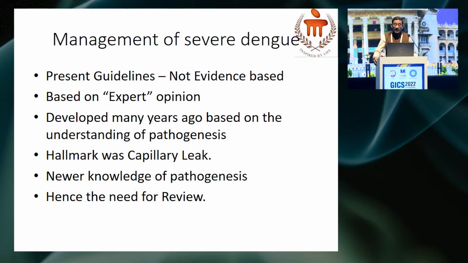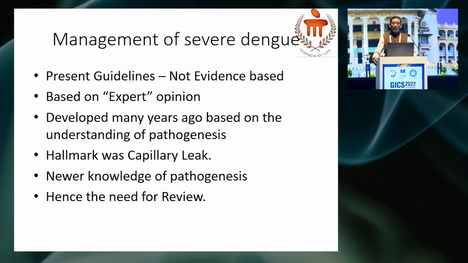Later, and rightly, the focus shifted to the capillary leak that was a major component of the pathophysiology, and most of the guidelines emphasize appropriate fluid resuscitation for patients with dengue. But of late, we also know that there is another phase of pathophysiology coming up now in the form of inflammatory changes, which is seen in most of the infectious diseases.